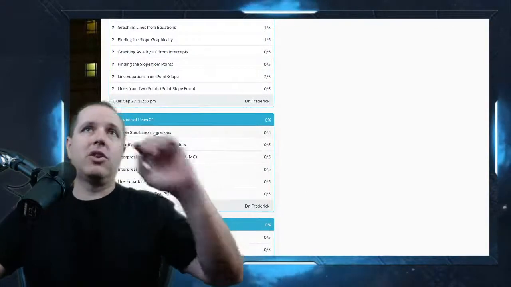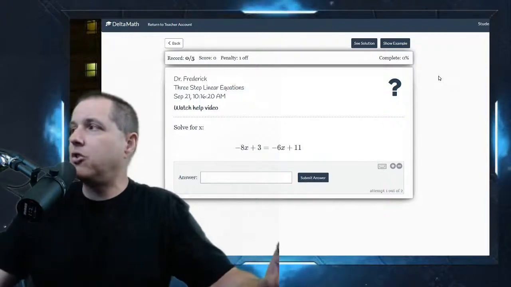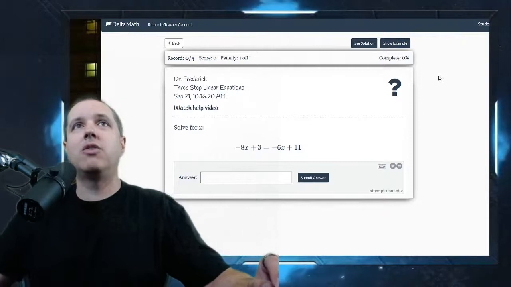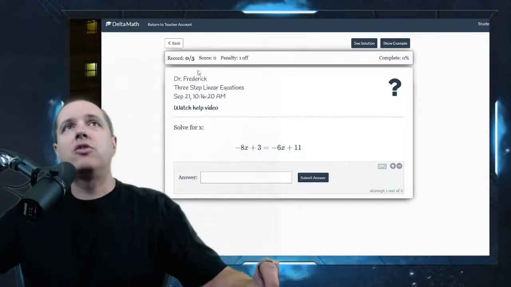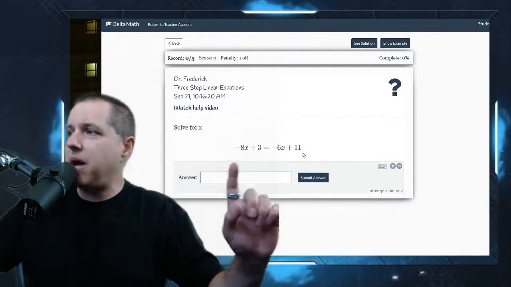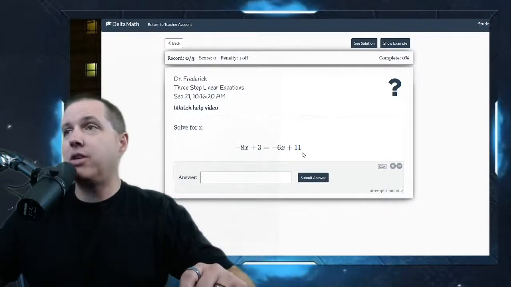So let's look at some three-step linear equations. Some of this you've seen, and we've covered a little bit, but I'm going over it again to make sure everyone understands what's going on. Here we have: solve for x. Negative 8x plus 3 equals negative 6x plus 11. Let's remind ourselves, because all of these steps are going to be really important in the upcoming chapters.